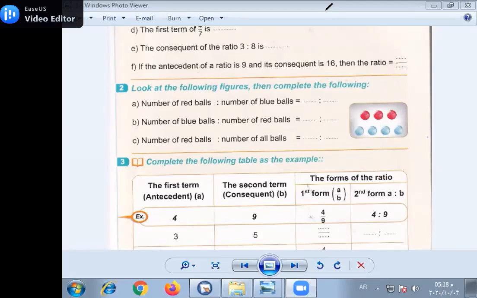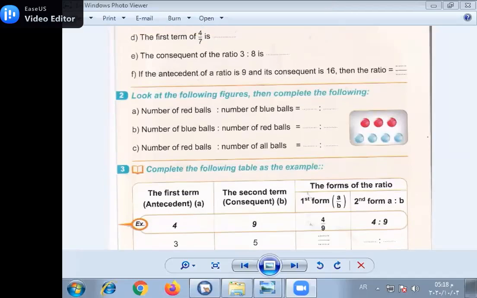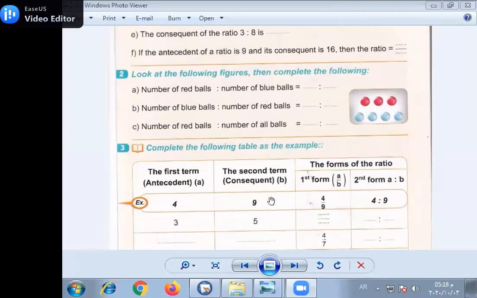It will be 3 over 5. Yes, 3 over 5. And the second form will be 3 to 5.